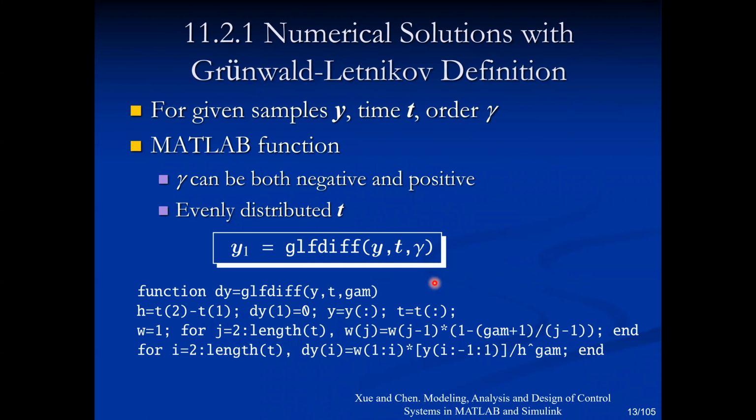So how do you compute? For example, Grünwald-Letnikov fractional differentiation. Okay, GL_FOdiff. You are given a data signal in a Y array, you have time, evenly distributed, and gamma is your order, so you can just do this.